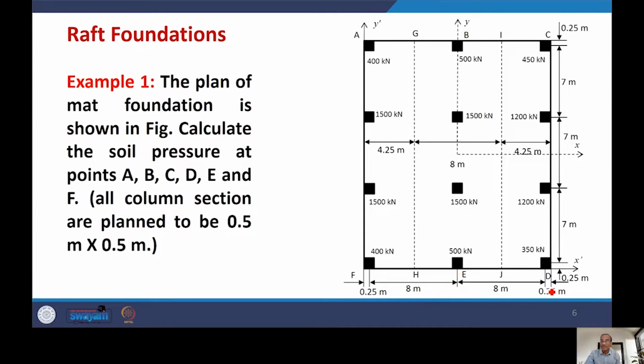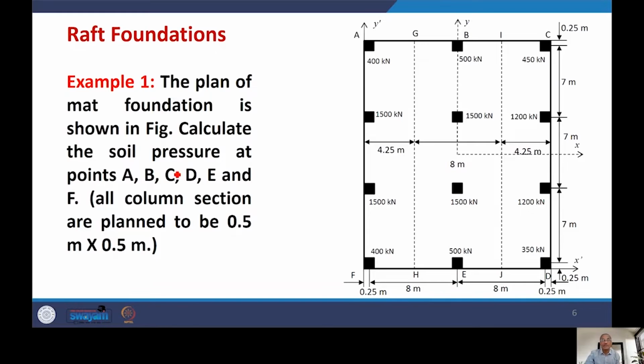While in X direction, it will be 16.5. The size will be 16.5 by 21.5 meters in plan. So these are the dimensions. Now the loads, as you could see, are 400, 1500, 1500, 400. These are the loads given here.